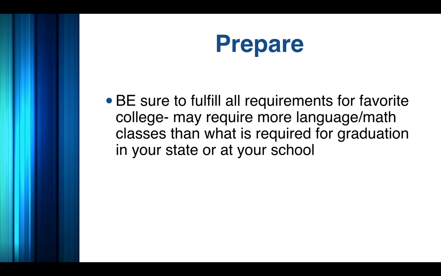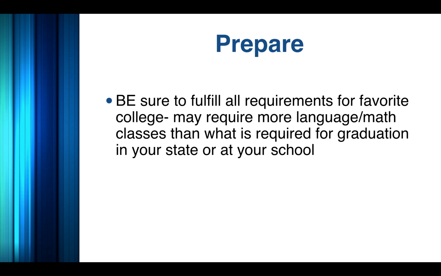And so to prepare, the first thing that we need to do is fulfill all requirements for your child's desired or favored college. This is crucial. Depending on where you're at, whether it's a private school or a public school, your high school is going to have certain requirements for your child to get a high school diploma. But the university that you're applying to may have different standards, especially if it's out of state.